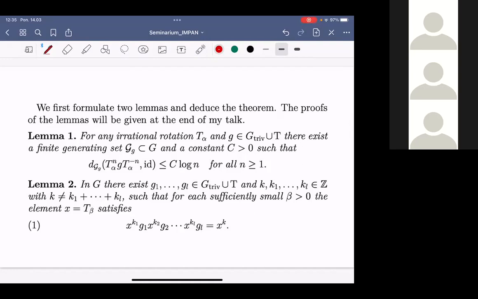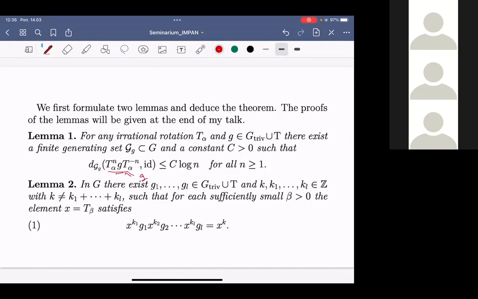Look at this lemma. It is obvious in the case when g is a rotation. When g is a rotation, since these elements commute, we get that this is equal to g. So this is obvious if g is a rotation.